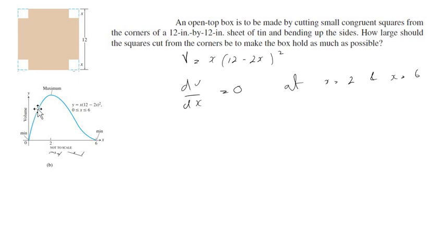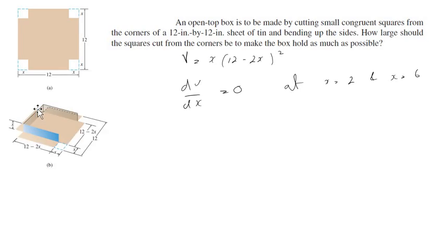Let's assume that we do not know this. We have not plotted the graph, so we do not know where this value maximizes. If we take x equals 2, we see from this picture that the area is equal to 12 minus 4 times 12 minus 4, so we have 8 times 8.